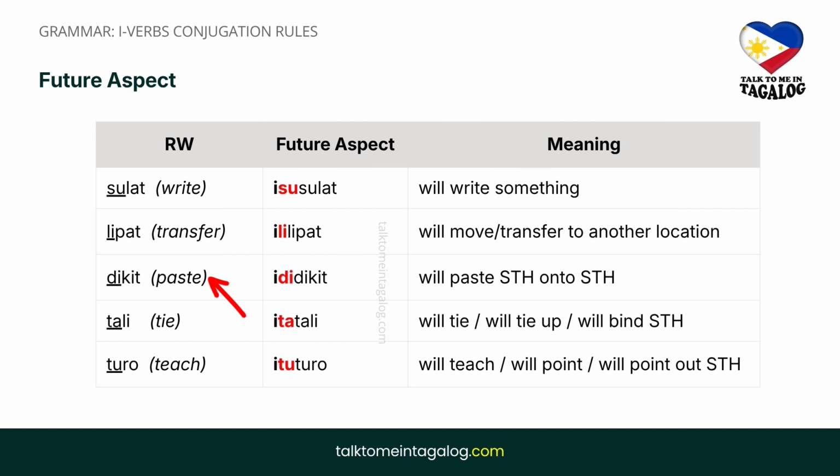Dikit becomes ididikit, will paste something onto something. Tali, meaning tie or string, itatali, will tie up or will bind. Turo, teach, ituturo, will teach, will point, or will point out.